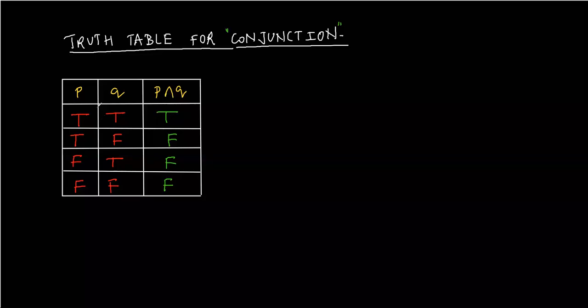I repeat again, when the truth value of both component statements are true, then the truth value of the compound statement is true. In all other cases, it is false. In short, you can say when P is true, Q is true, both are true, then P and Q is true. In all other cases, it is false.